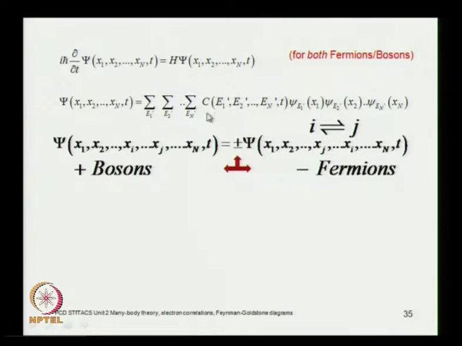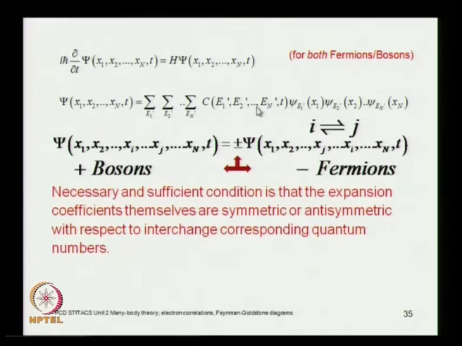So, there is a one-to-one correspondence between the property that the wave function remains either invariant on interchange of particles for bosons or changes sign for fermions, and the properties of the coefficient C if you interchange two of these labels. Okay. So, this is the necessary and sufficient condition that the expansion coefficients C themselves must be either symmetric or antisymmetric. They are symmetric in the case of bosons and they are antisymmetric in the case of fermions.